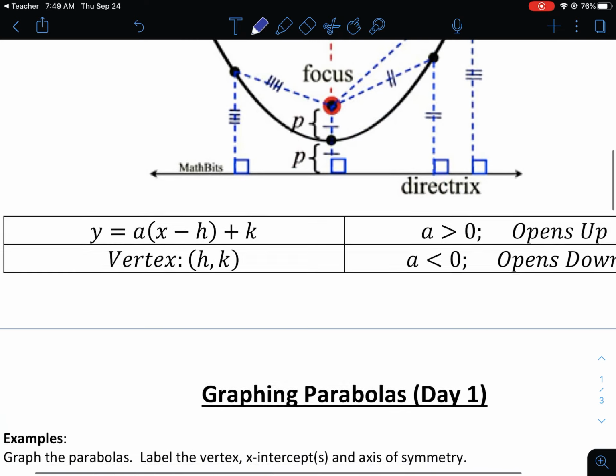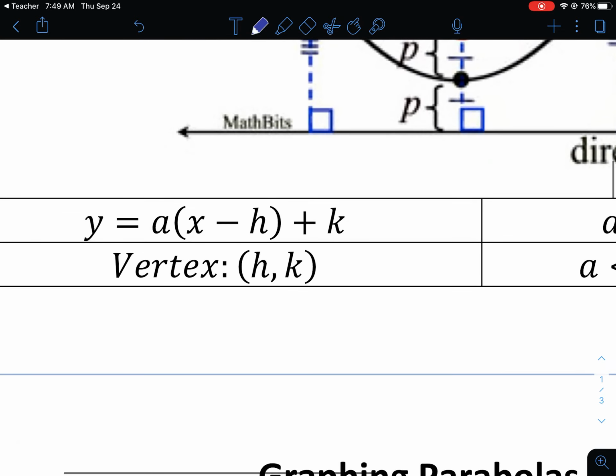This was the form that the equation was in when we were doing transformations. This number right here was your a, and if your a was negative, then it would be upside down.